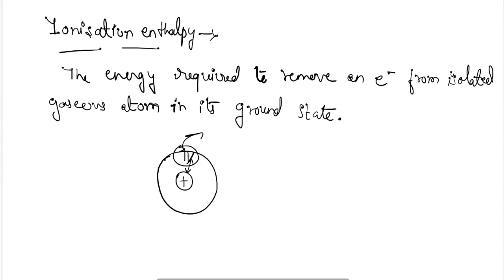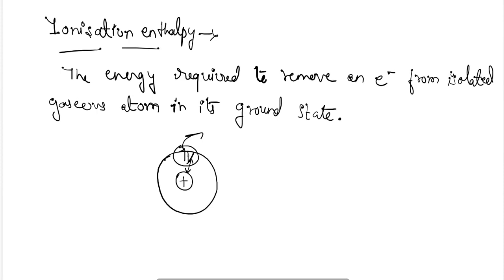So this is the trend: when we go from the first electron to the second electron to the third electron, the ionization enthalpy will increase. After the second one, more energy will be required to remove the third one, and for the fourth one also the same thing will be seen.